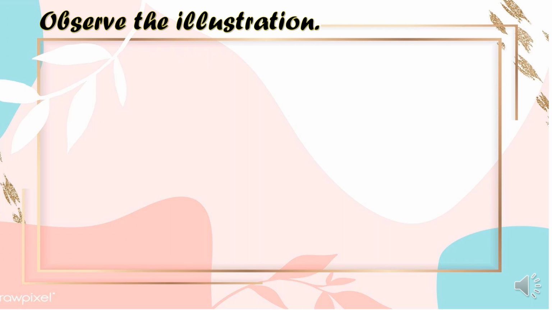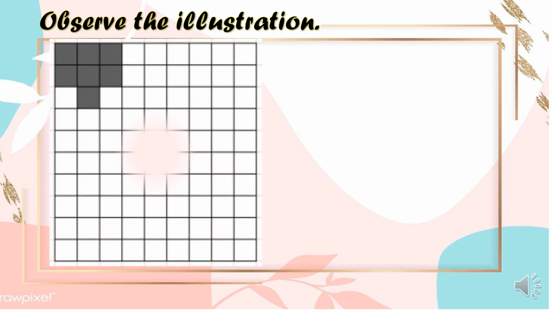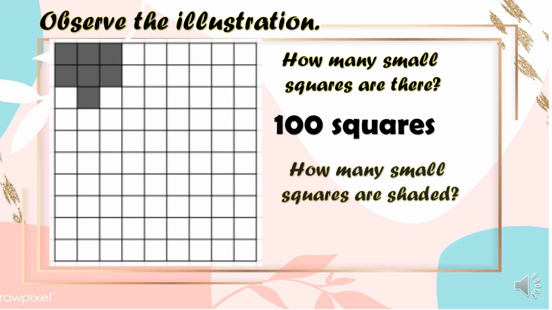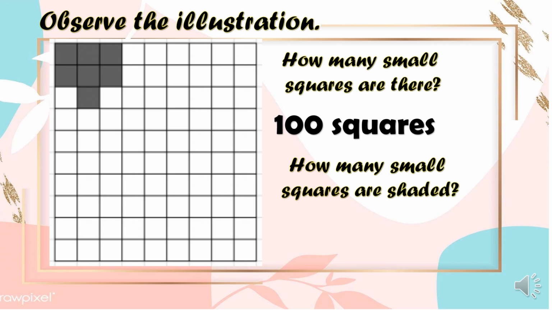Let us observe the illustration. How many small squares are there? Yes, it has 100 squares. And how many small squares are shaded? It has 7 squares.